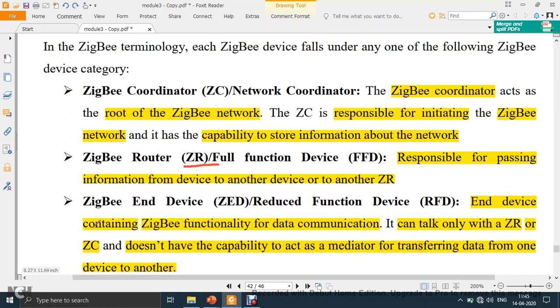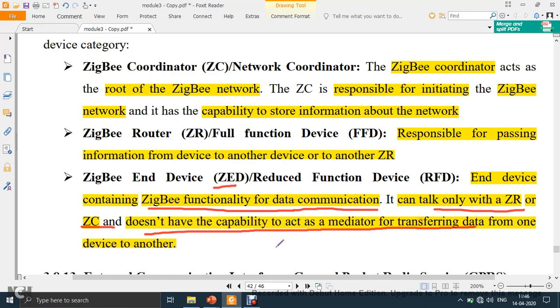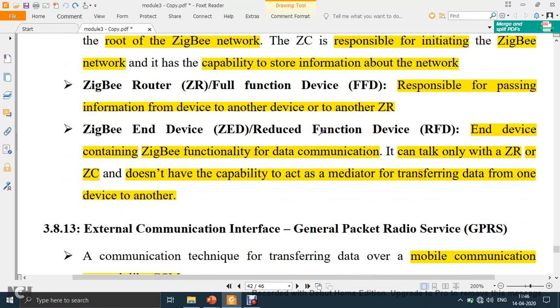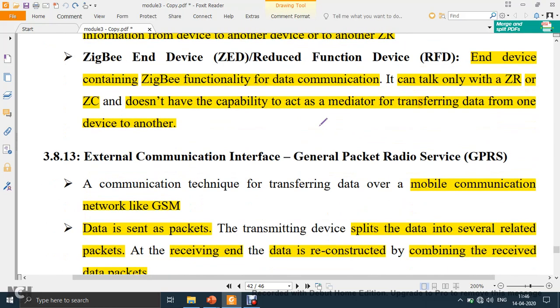Next comes the ZED, the Zigbee end device. It is an end device containing Zigbee functionality for data communication. It can only talk with a ZR or ZC, and it doesn't have the capability to act as a mediator. So it cannot act as a router. It is nothing but the end devices. That's all. So this is about Zigbee.